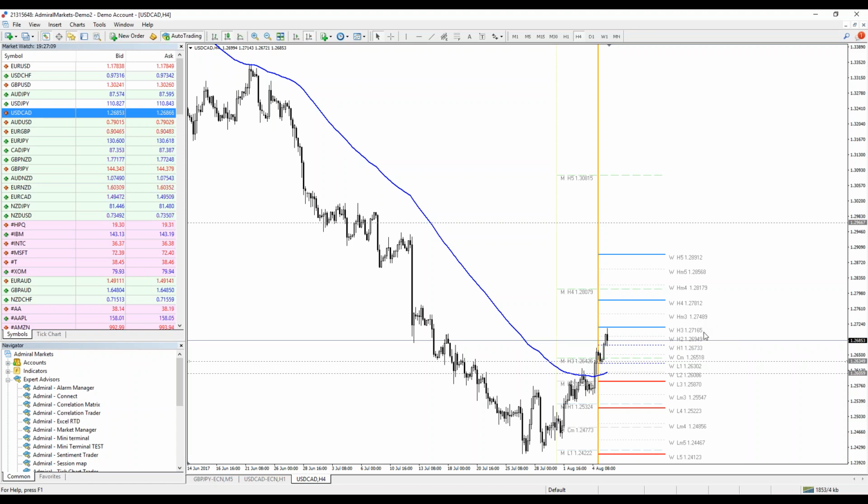This is basically H3, but 27.30 is the level to sell. See a lot of sellers here, and 27.70 is just adding a couple of pips of the spread, and you see it should reject from that spot. Let's wait and see.